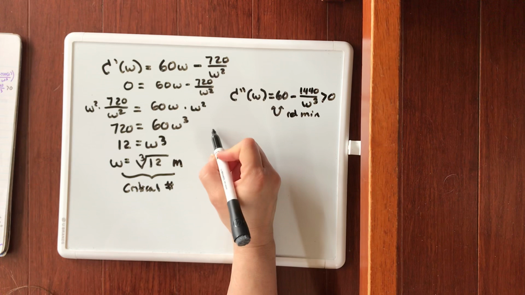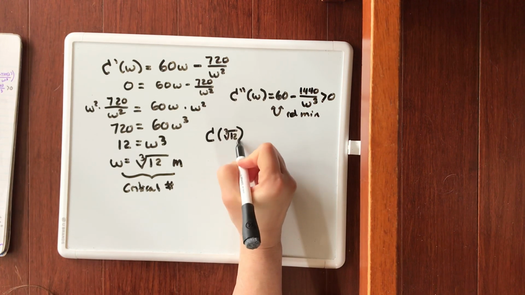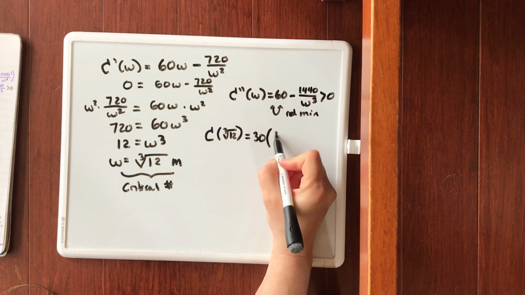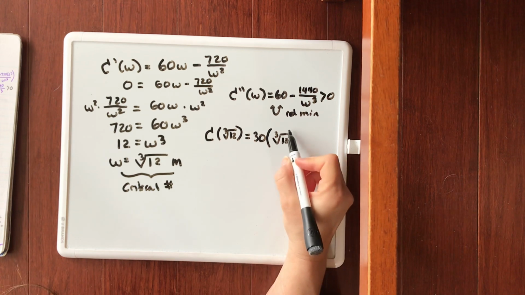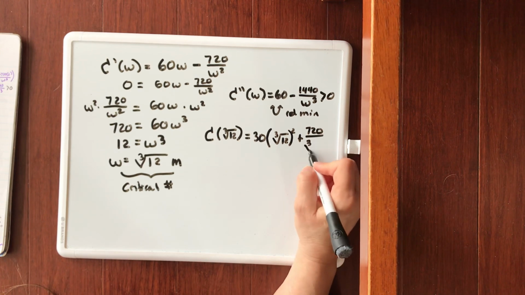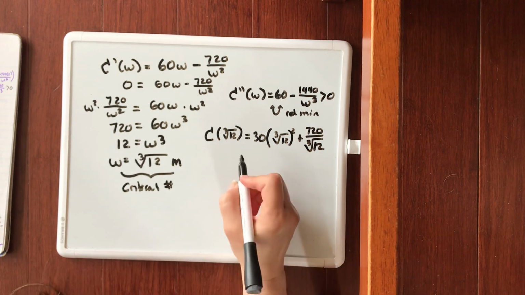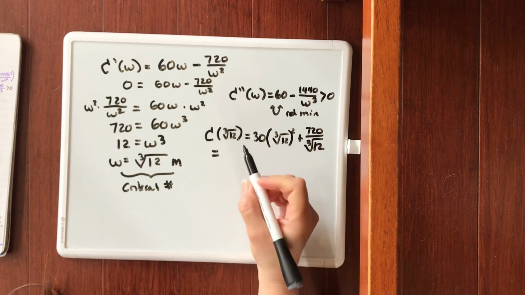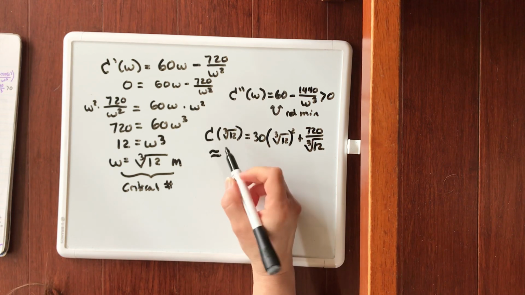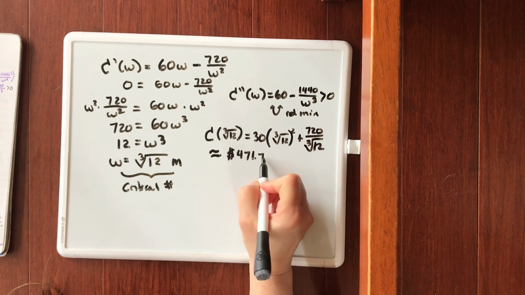We're going to put C of cube root of 12 into the function. And this is our original function. Okay. We put it into the function, and it comes out to be approximately $471.73.